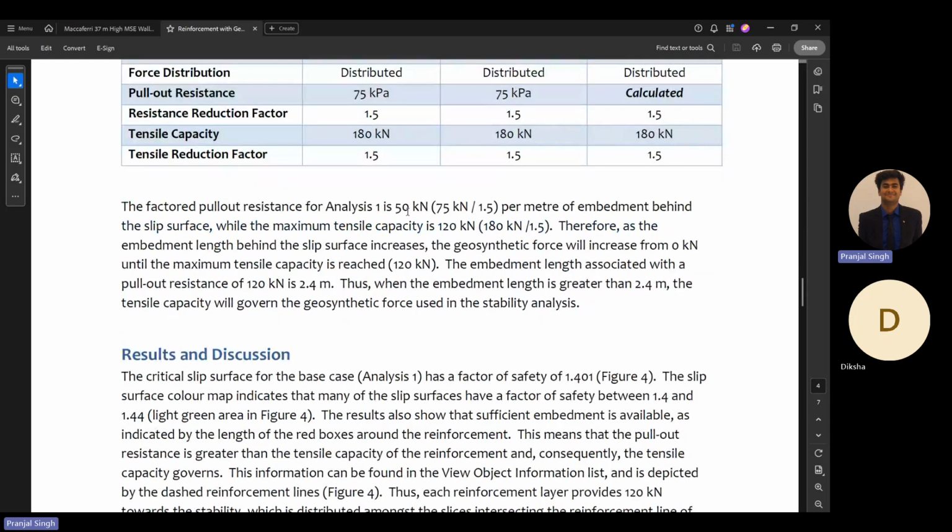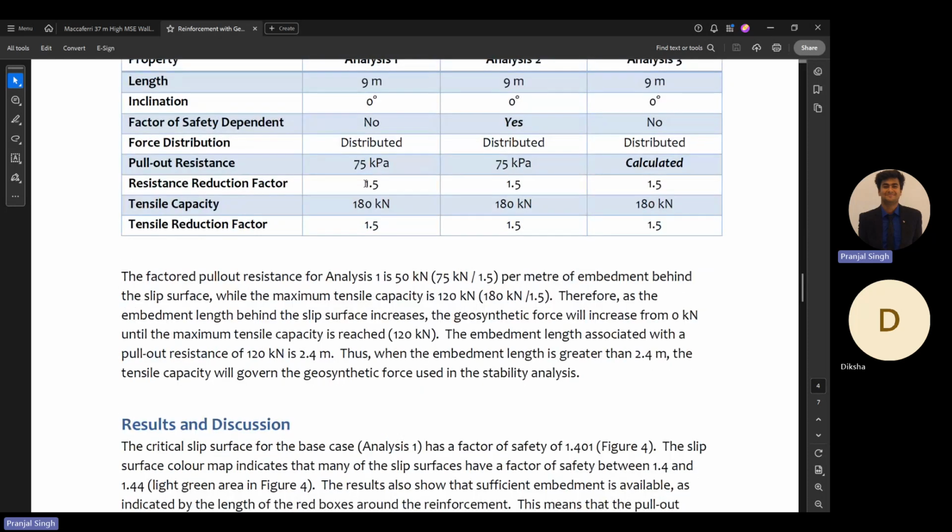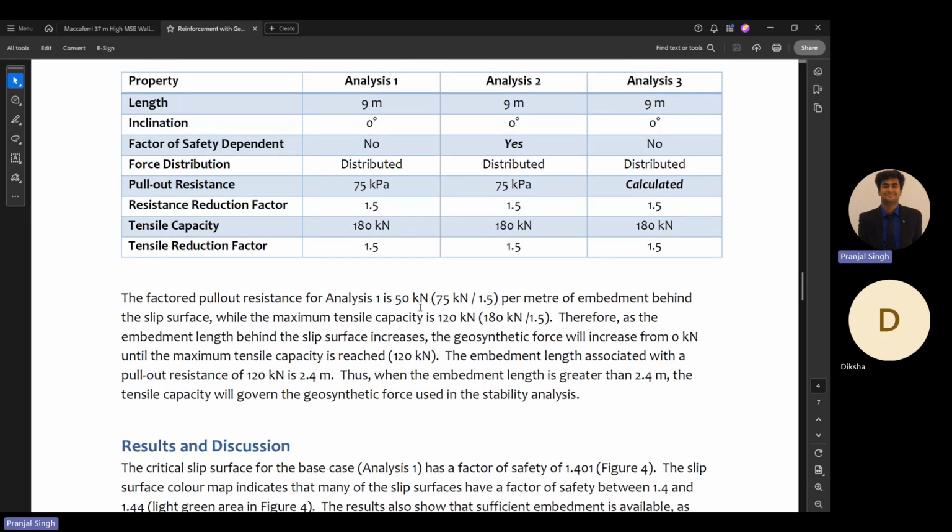So for the first case, the pull-out resistance will be 70 kilonewton divided by 1.5. So that will be 50 kilonewtons, and the maximum tensile capacity will also be divided by the reduction factor, which will come out to be 120 kilonewtons.